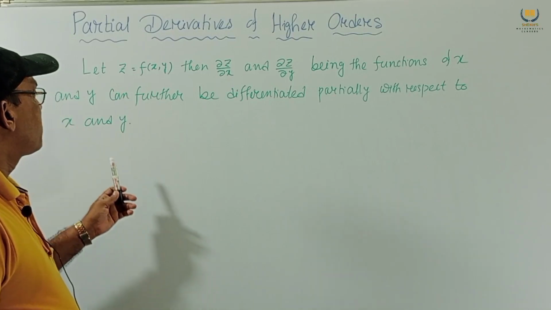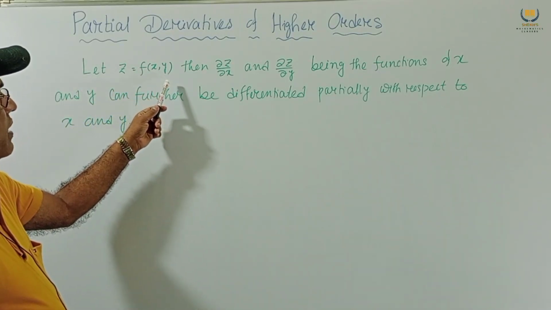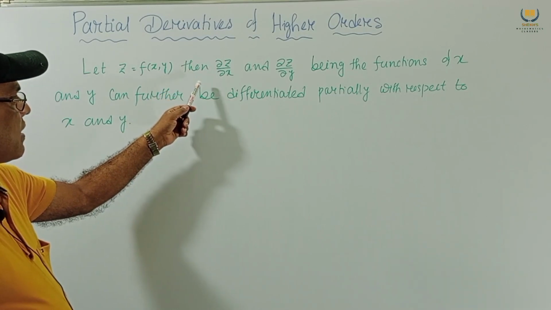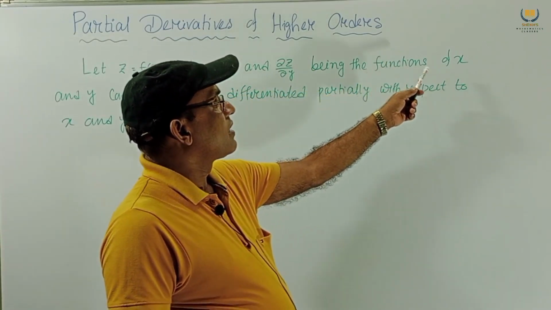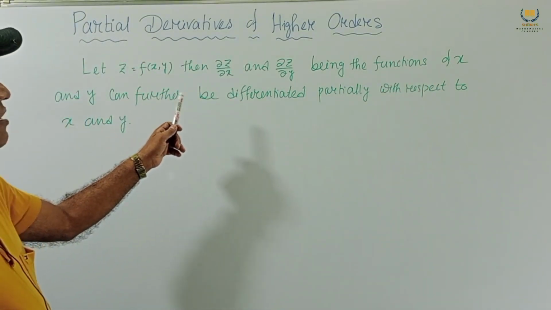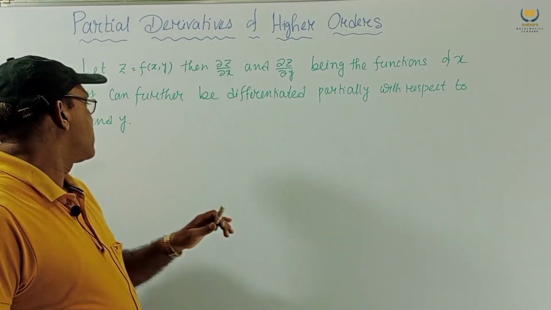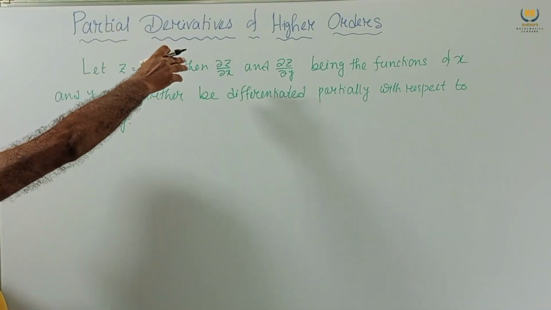What is partial derivatives? Let z equal to f of x, y. Then del z del x and del z del y, being functions of x and y, can further be differentiated partially with respect to x and y. So this is del z del x given.